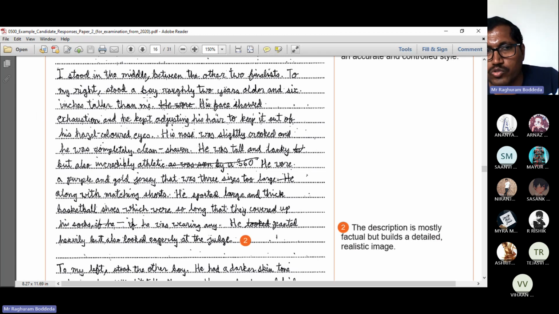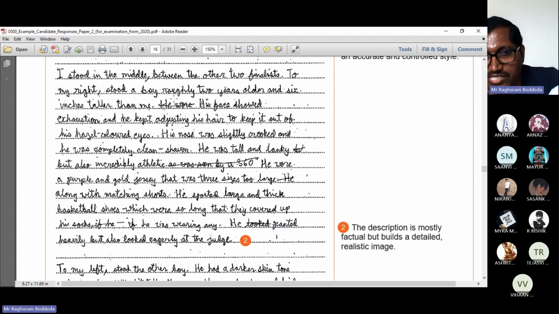So mostly compared, right? I stood in the middle between the two other finalists. To my right stood a boy, roughly 2 years older and 6 inches taller. So he's talking about the approximate age and even the size, like how tall he is, and that is what we are comparing. And if you look at that, his face showed exhaustion, and he kept adjusting his hair to keep it out of his hazel colored eyes.